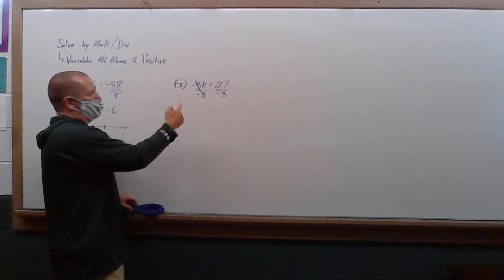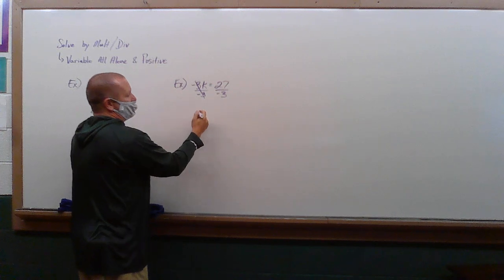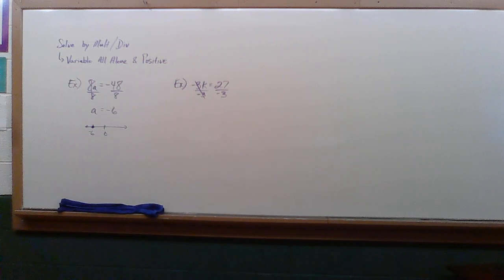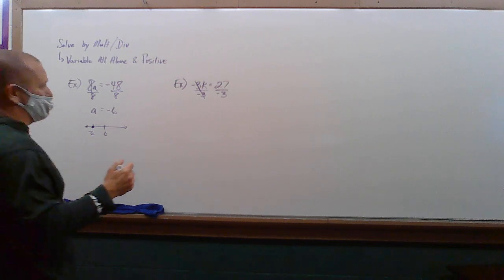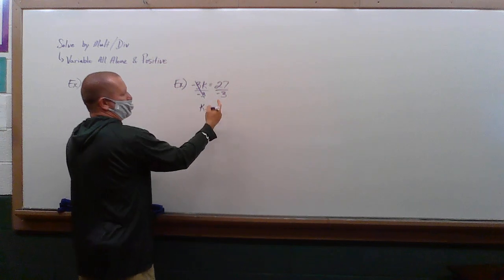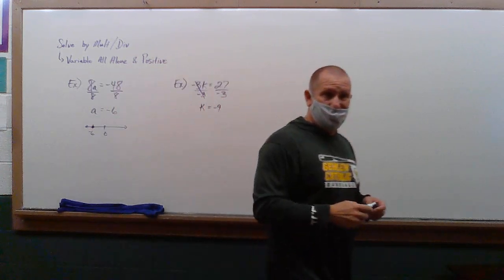And so we are left with the k. If you forget the negative here, then we would end up with a -k and you still would have to divide by -1. But that's where you have to remember the rule that the variable needs to be positive. So on my other side, we'd get what? -9. And that's it.